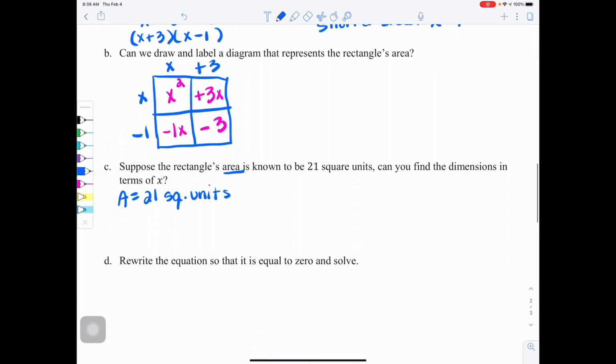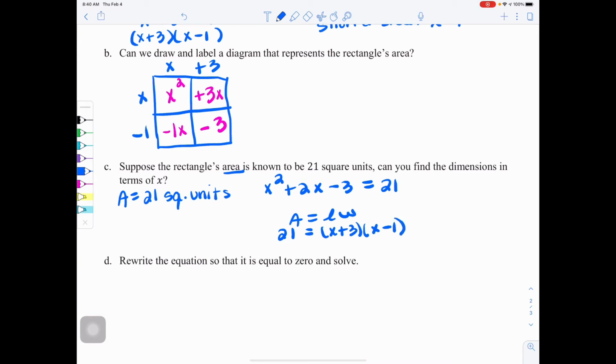So we're going to take x squared plus 2x minus 3, and we are going to set it equal to 21. That's coming from the fact that we had area equals length times width. Our area is 21, and we know from up above that our length is x plus 3, and our width is x minus 1. And if we actually multiply those, we get that.